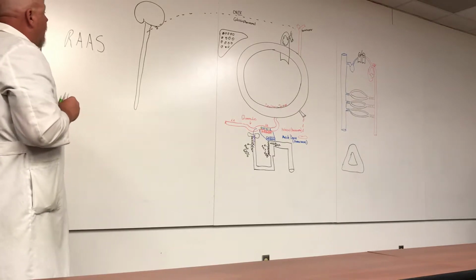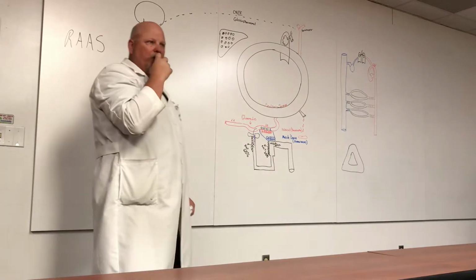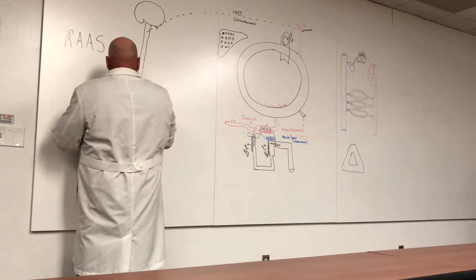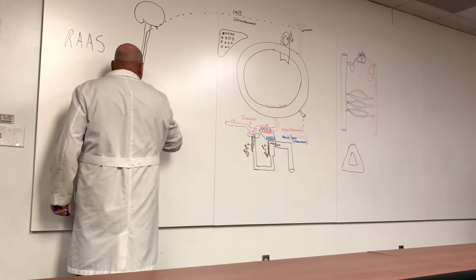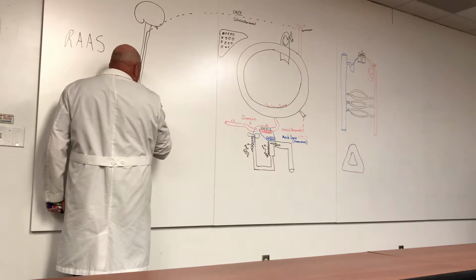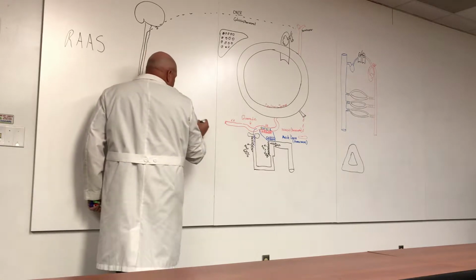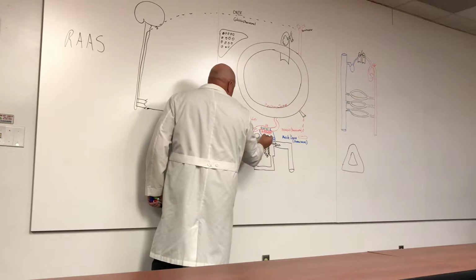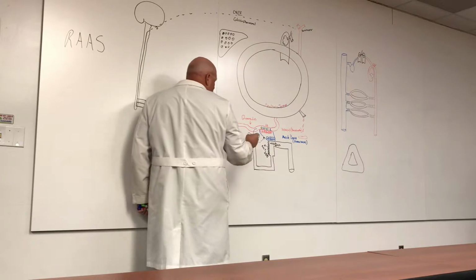The cranial nerve number 9 sends a signal to the midbrain, or the vasomotor control, which sends out a signal of sympathetic outflow to post-ganglionic fibers, to signal to a nerve back to receptors here, which are what?